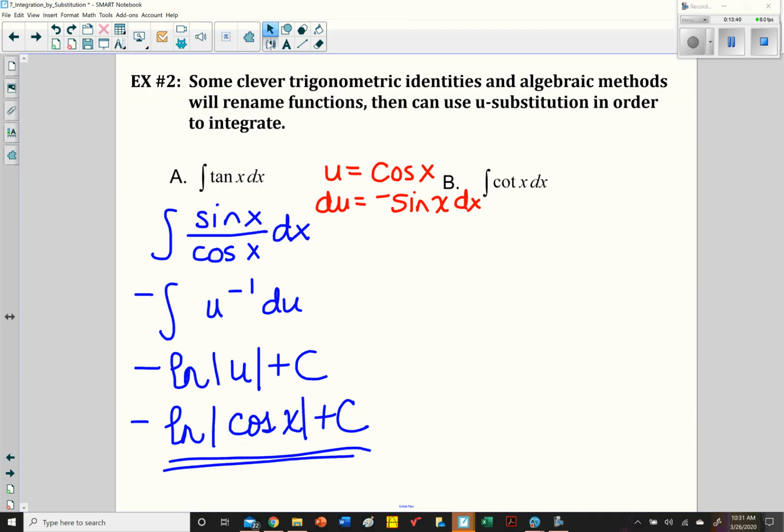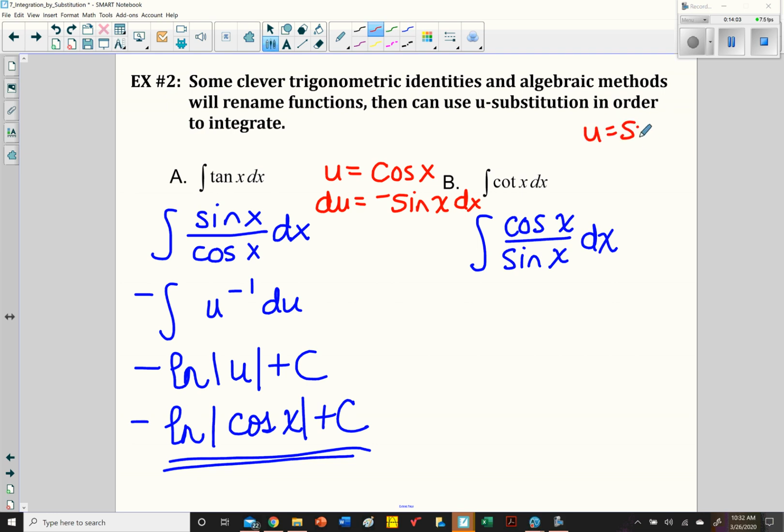Now, can you do that with cotangent as well? Cotangent's the same as tangent, only different. In this case, we have sine in the denominator. Let's make that look like a better x than what I did, dx. So if we use sine for our u, then sine's derivative is cosine.